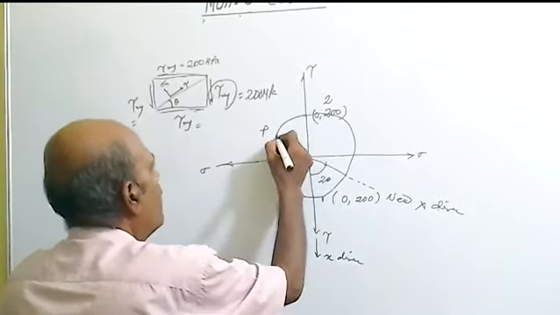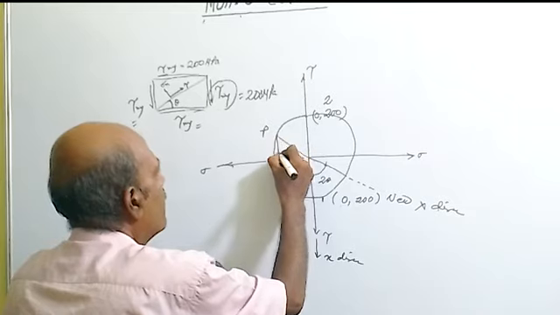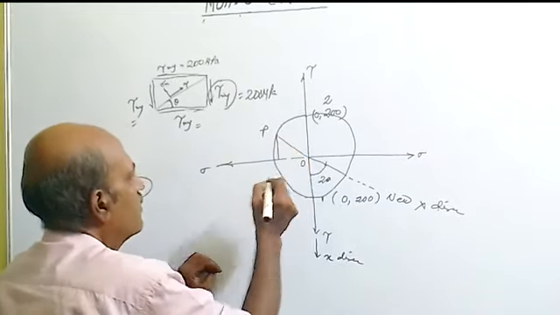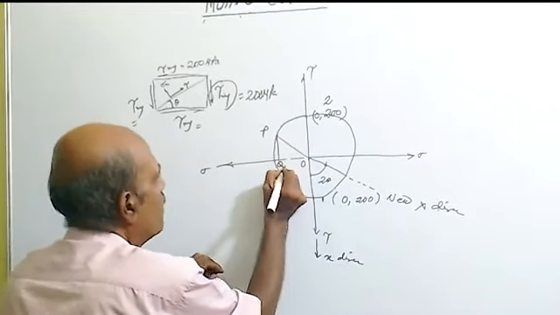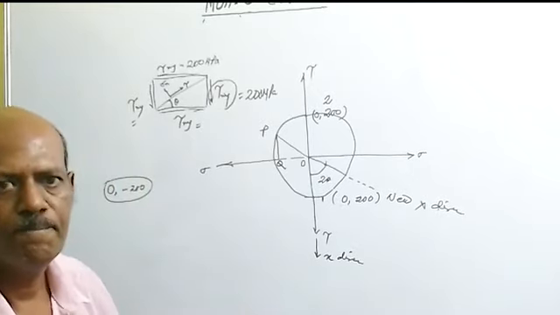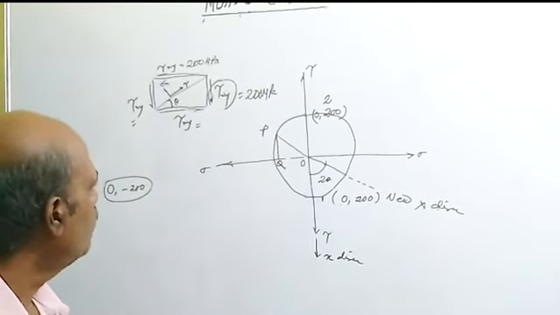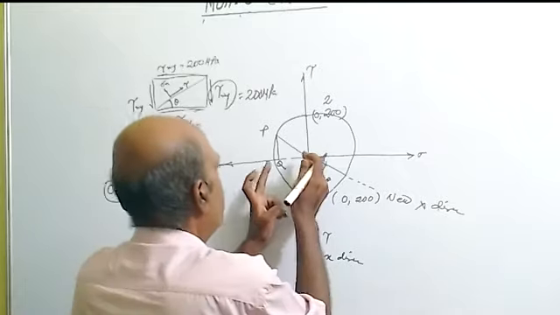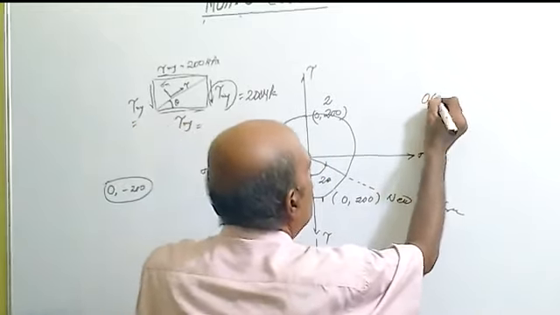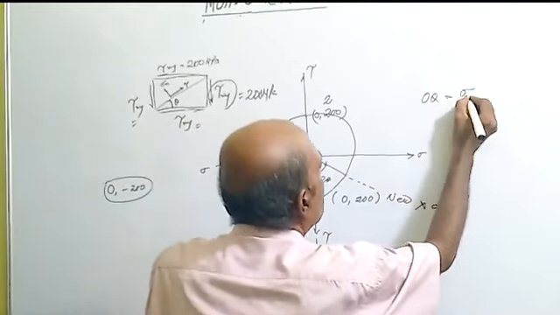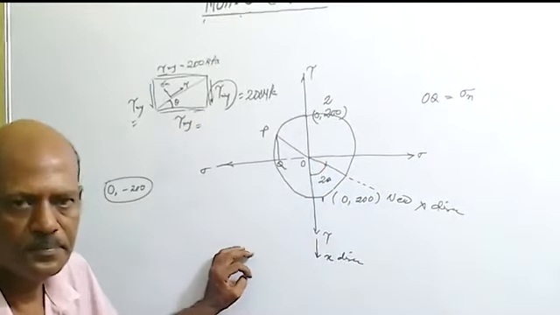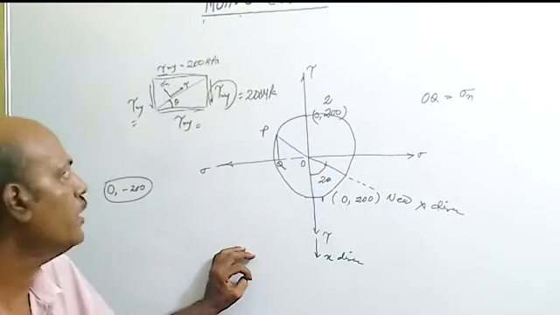And from this point, just drop the perpendicular on the sigma axis. This point will be your Q point. Now OQ denotes by measurement, OQ will give you the sigma n value on the inclined plane.